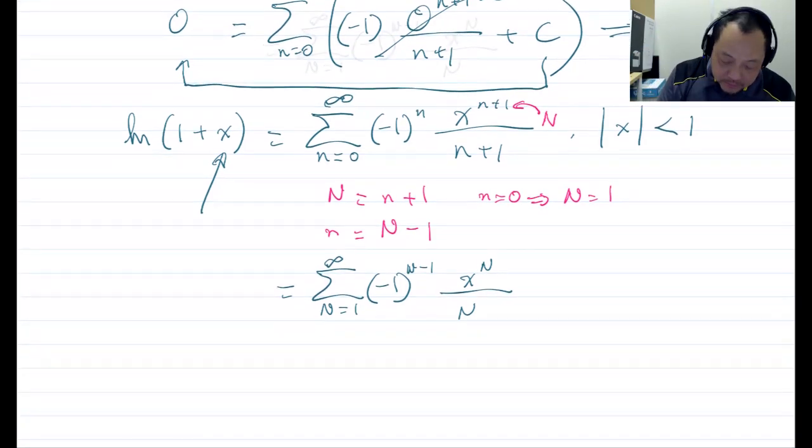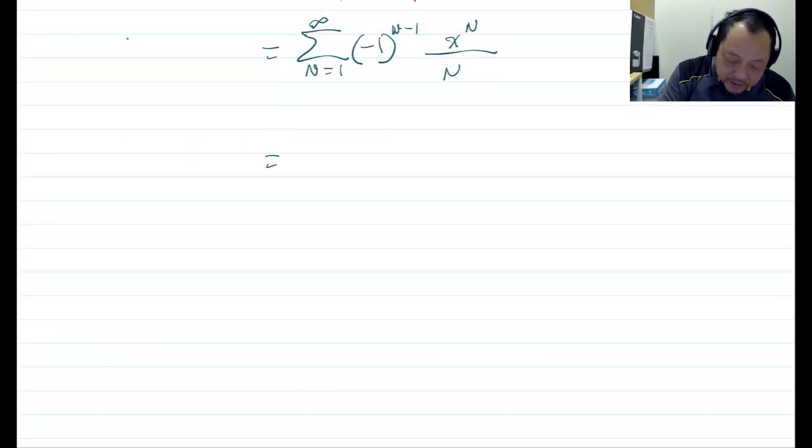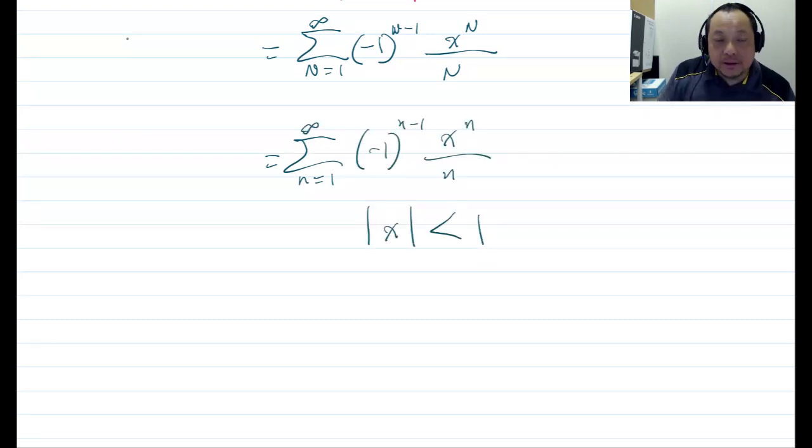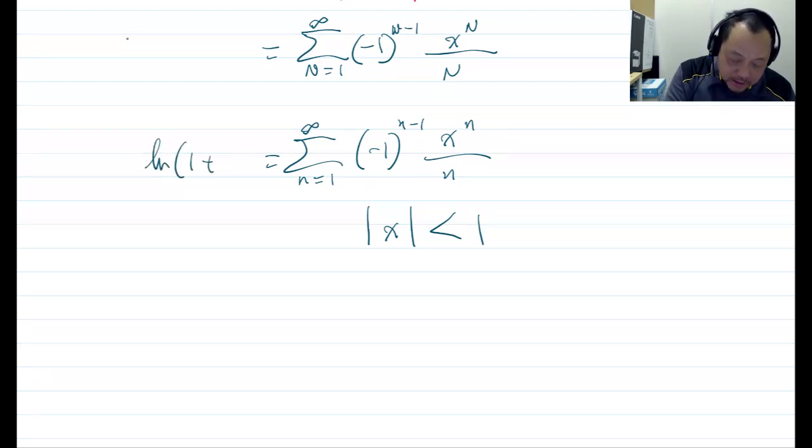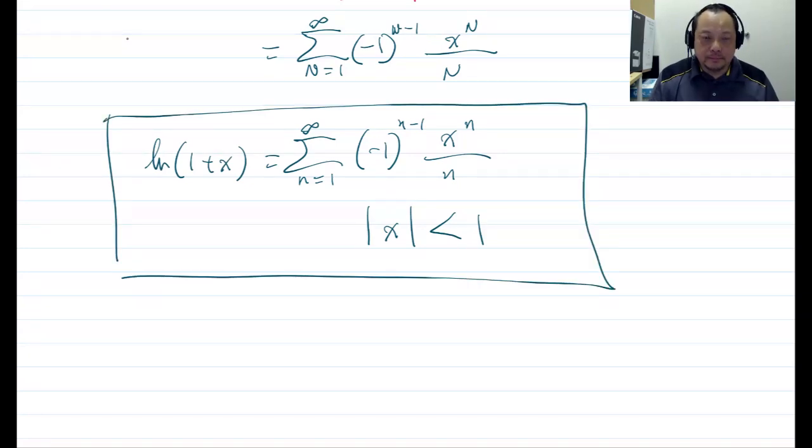So I can rewrite this as regular n from 1 to infinity. The radius of convergence is 1, and this is my ln of 1 plus x. That's the answer. It's exactly the same as the formula in your calculus book. So I've successfully derived that formula using the geometric series without having to go through the original formula for the Taylor series.